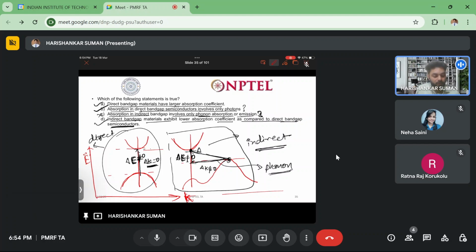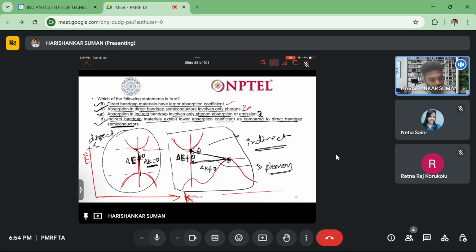Which of the following statements is true? So we know direct band gap material has a larger absorption coefficient. Absorption in a direct band gap semiconductor involves only photons; momentum is not changing.